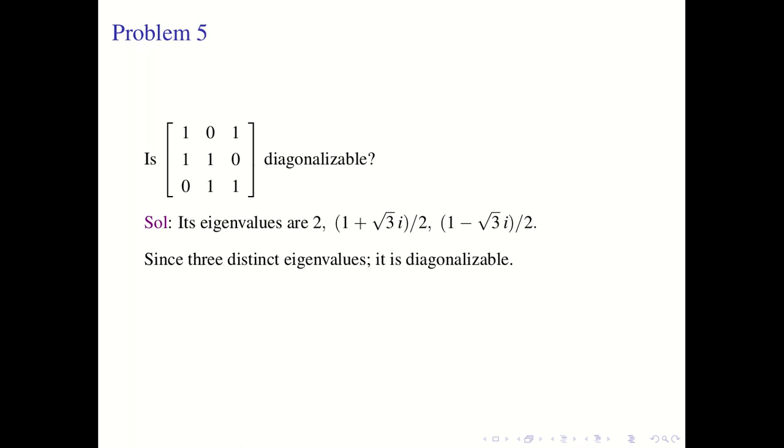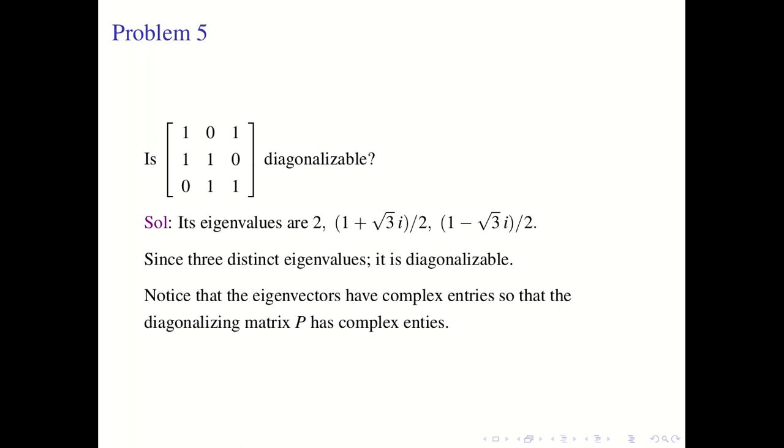So here this example says that you will have to look for eigenvalues in the complex numbers, complex space as well, and similarly the eigenvectors. Okay, so this has three distinct eigenvalues, therefore it is diagonalizable. To begin with, we can say that it is diagonalizable.